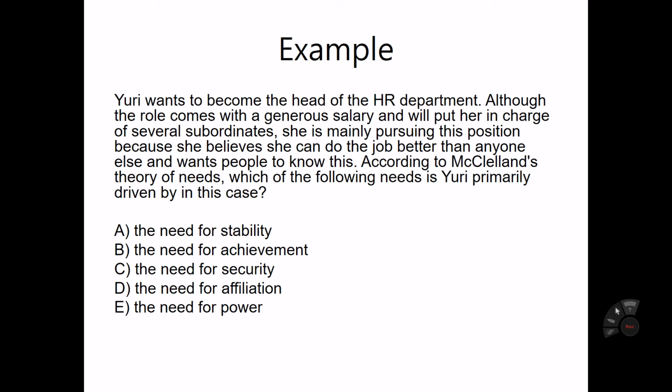It's a need for achievement, right? She pursued this position because she believes she can do the job better, and she wants to achieve it, and everybody knows about this. So that's a need for achievement.